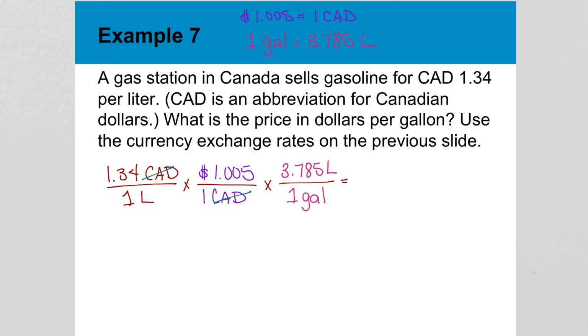So what have we got here? We've just got ones on the bottom, so we're really just multiplying straight across. Oh, I forgot to mark out my liters. We end up with $5.10 per gallon. So notice we end up in American dollars and gallons. And that concludes this section.